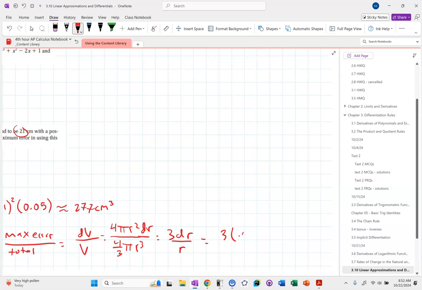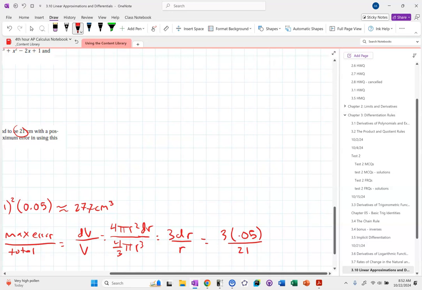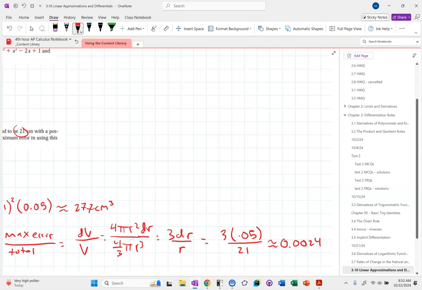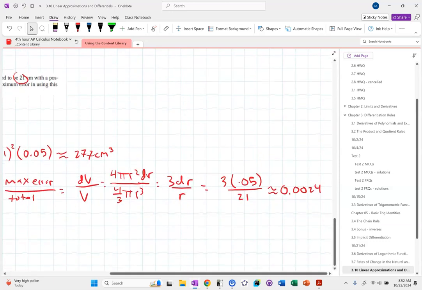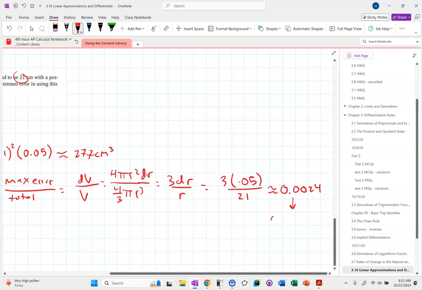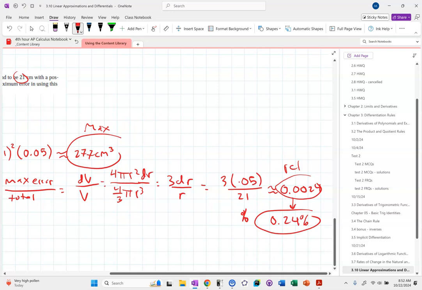So 3 times 0.05 over 21, which is about 0.0024. You might also call this the percent error, 0.24%. So this is our max, this is our relative, and this is our percent.